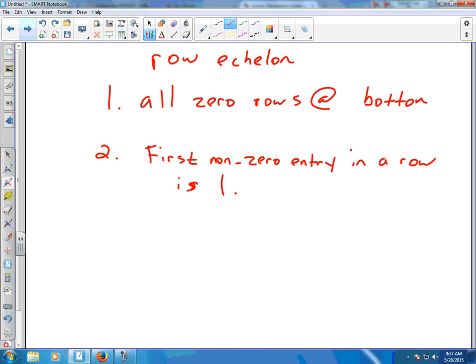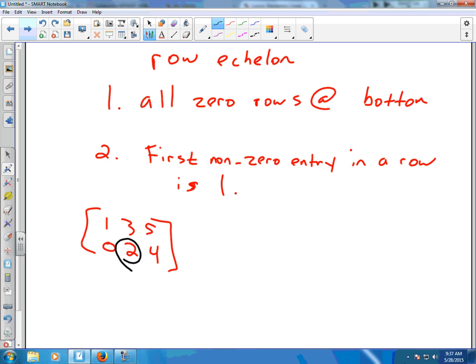So for example, that is not quite, and that fails the second property because the first non-zero entry is not a 1.